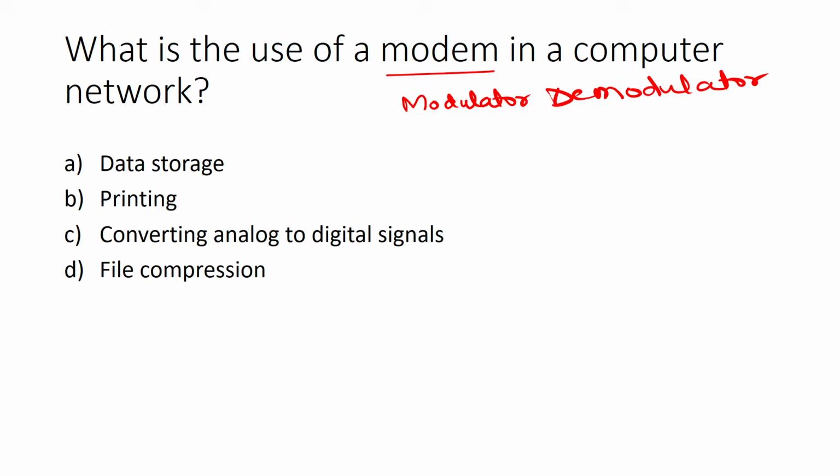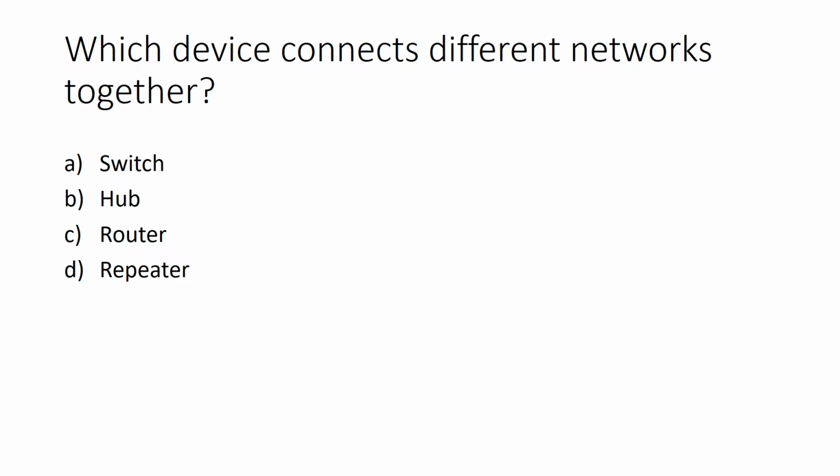It converts analog signals into digital signals and digital signals back to analog. Next question, which device connects different networks together? Different networks are connected together with the help of a router.